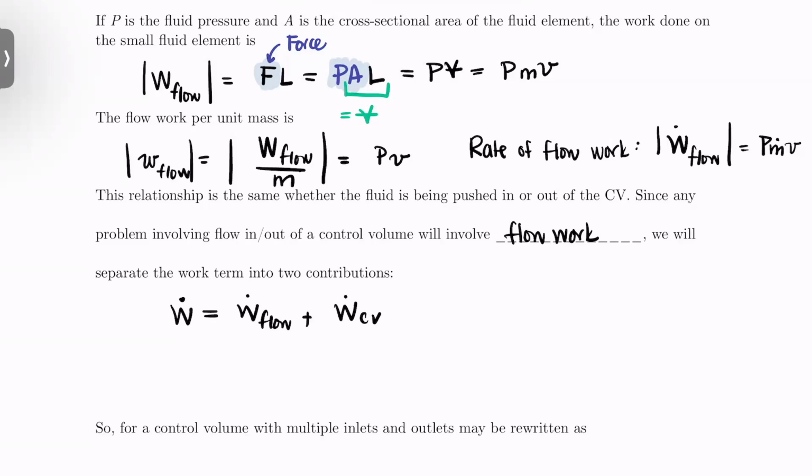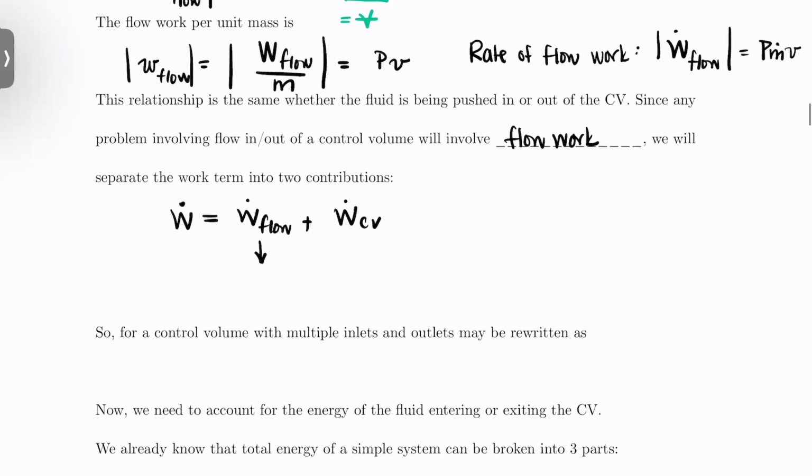And since we need to be careful about convention for signs on work, W dot for flow work less than 0 is an inlet.